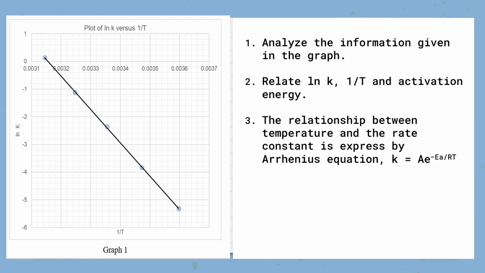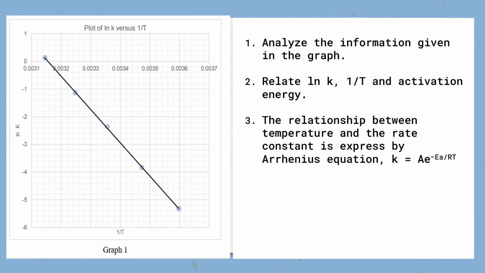The relationship between temperature and the rate constant is expressed by the Arrhenius equation, which discusses how the rate constant changes with temperature.